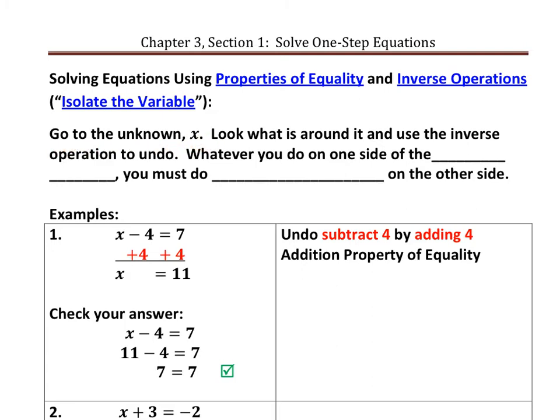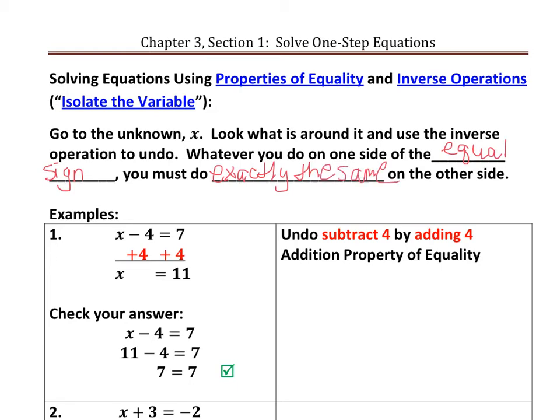That's key. Look what's around it and then use the inverse operation to undo whatever is around it. Whatever you do on one side of the equal sign, you must do exactly the same thing on the other side.